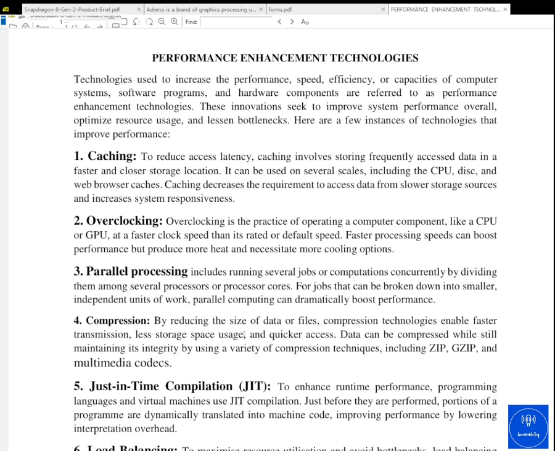So to reduce latency, caching involves storing frequently accessed data in a faster and closer storage location.